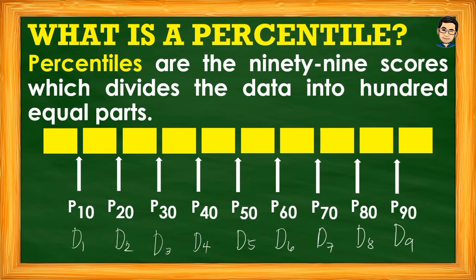Pare-pareho lang po yung value. For example, 10th percentile is equal to the first decile. 20th percentile is equal to the second decile. And 80th percentile is equal to D sub 8 or the 8th decile.